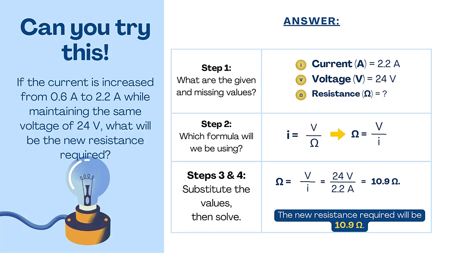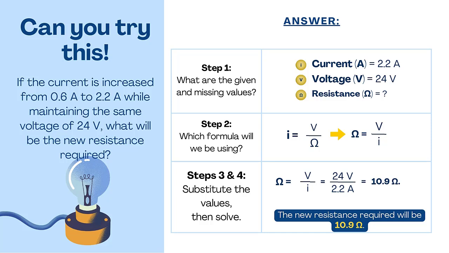So step 2, which formula will be using? I is equal to V by R needs to be used. So R is equal to voltage divided by current. R is equal to V by I. So you can go for step 3 and 4. Substitute the values and then solve.